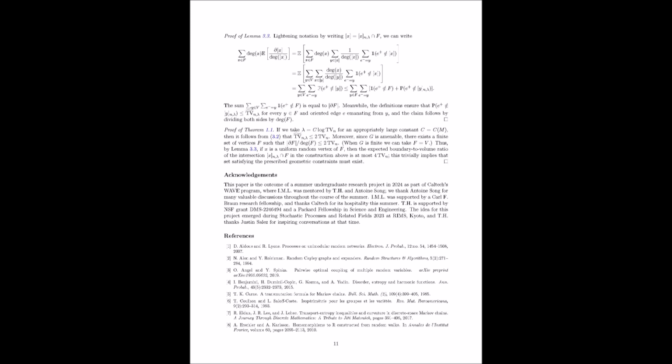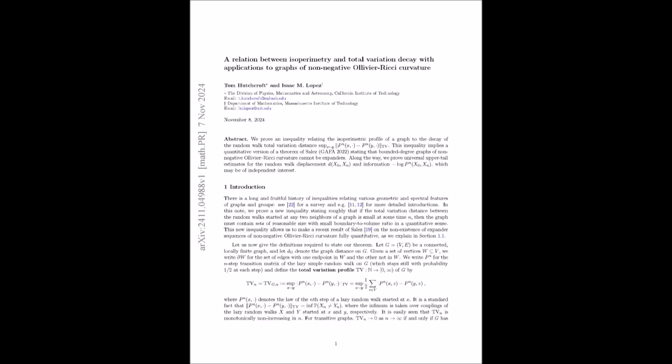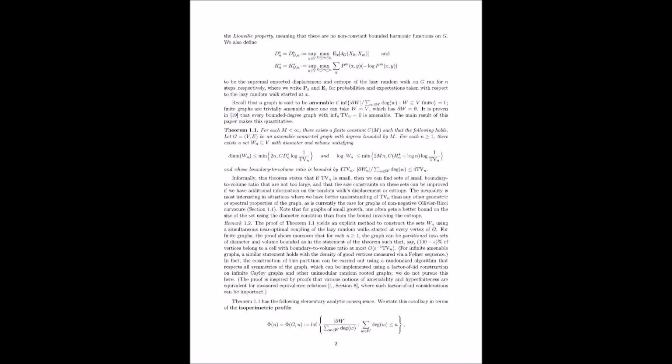And these representative walks guide us in partitioning the graph's vertices in a way that reveals these sets with small boundary to volume ratios. Exactly. The idea is to group together vertices based on which representative walk they're most closely associated with. This grouping then reveals the sets we're interested in.